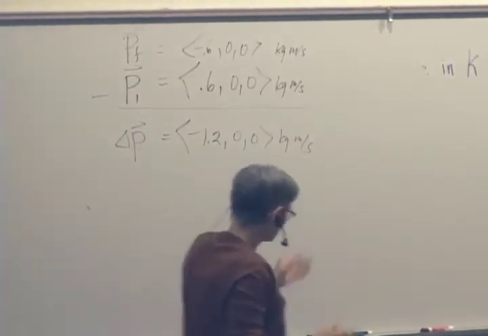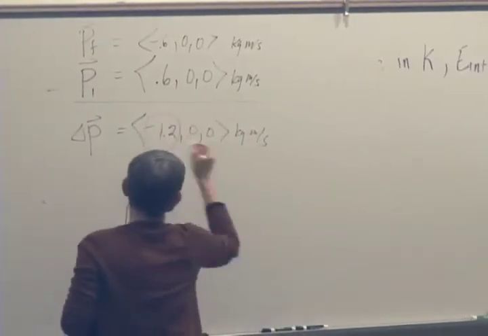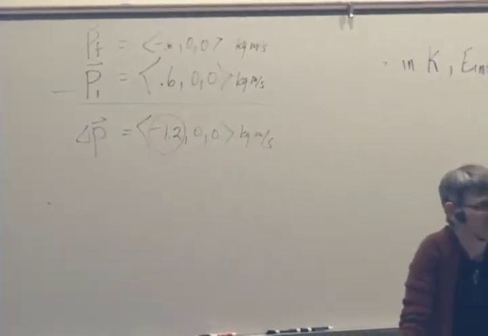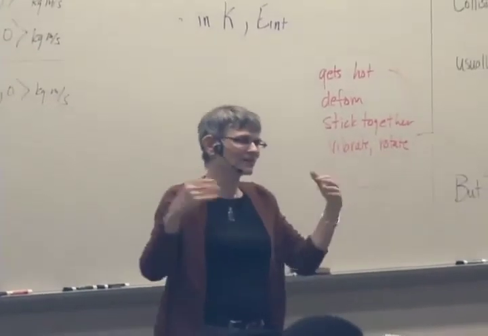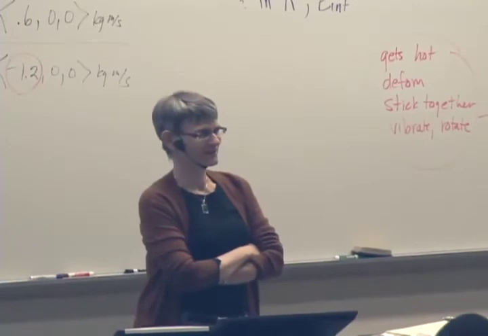So the change in the x component of momentum wasn't 0. There really isn't a substitute for actually thinking about P final minus P initial. Do you have any questions about that one?